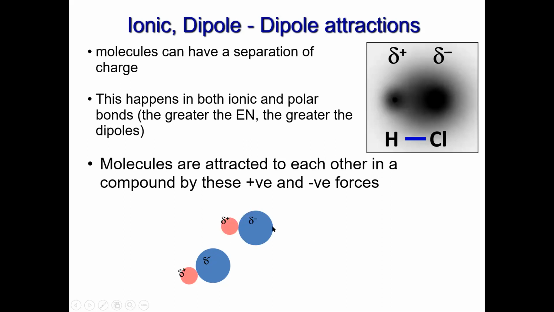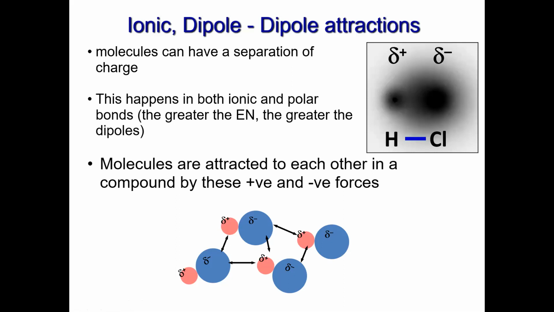When you have another similar molecule, there'll be an attraction between the positive end of molecule B and the negative end of molecule A. And similarly, the negative end of molecule A can also be attracted to the positive end of molecule C. So there'll be a network of all these attractions in the molecules that are aligned to one another.